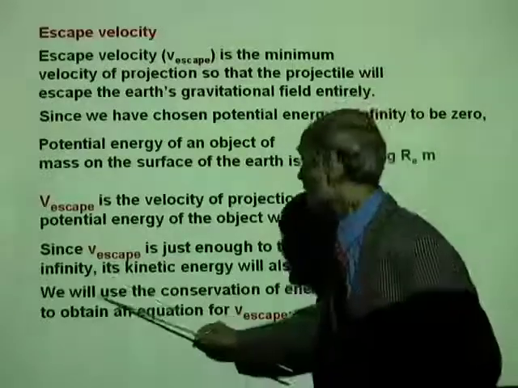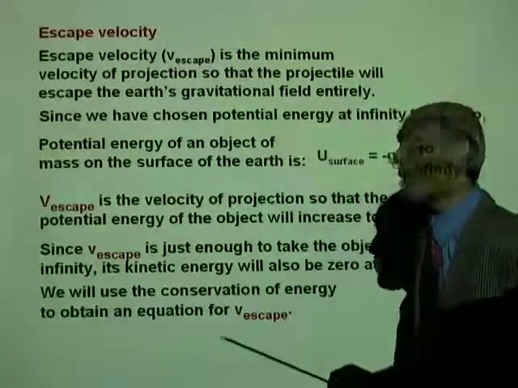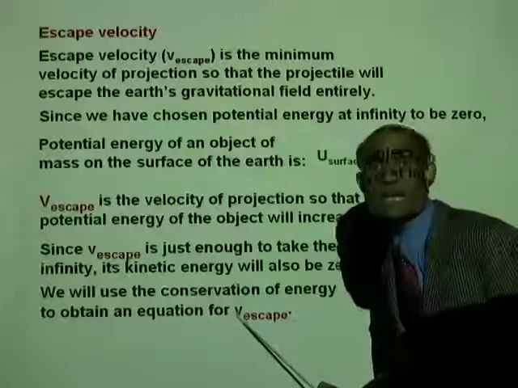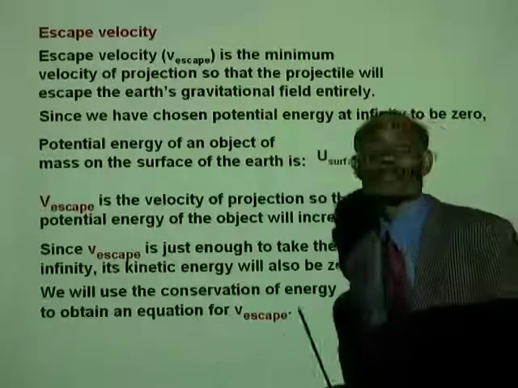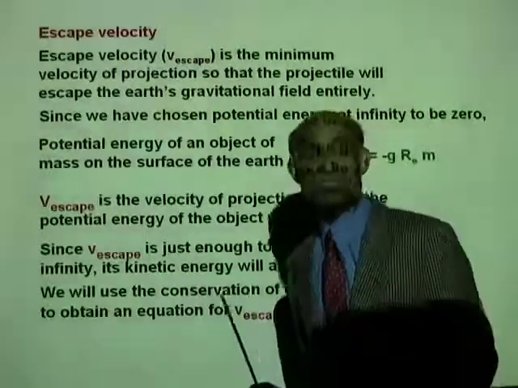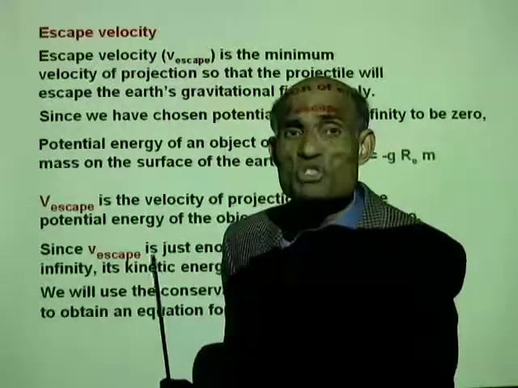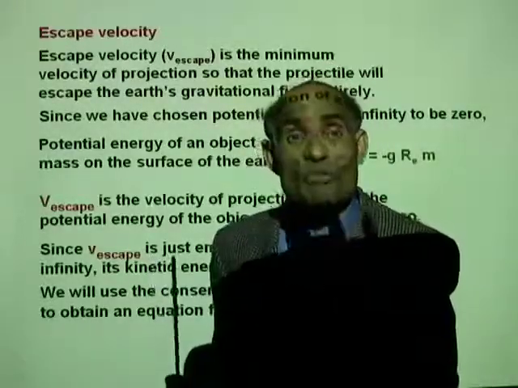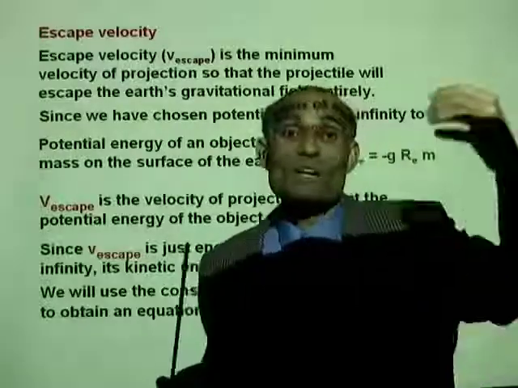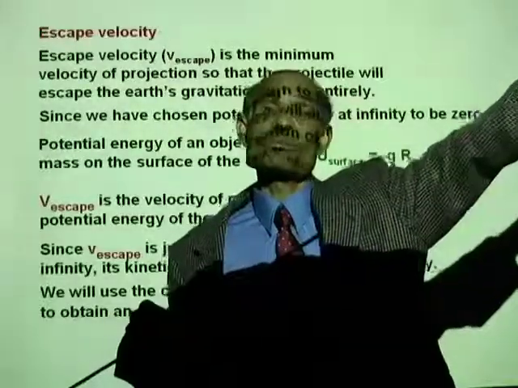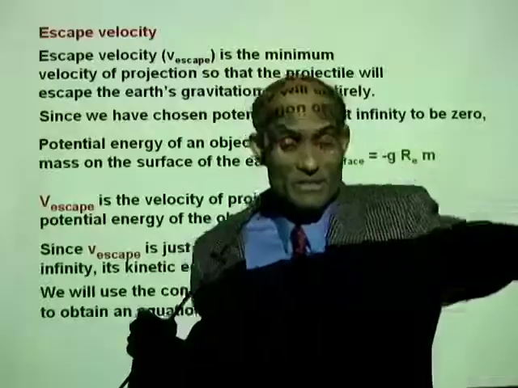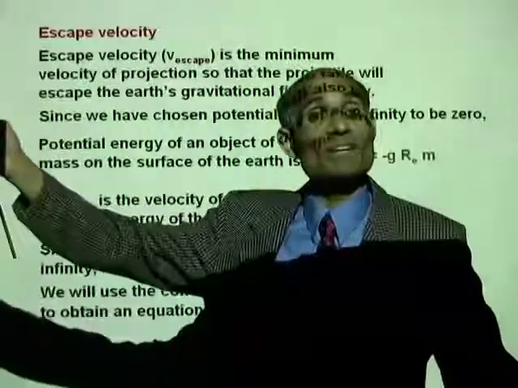Okay, we will now use the conservation of energy to obtain an equation for v_escape. What is the conservation of energy? The total potential energy and kinetic energy on the surface of the Earth must be equal to the total potential energy and kinetic energy at infinity.